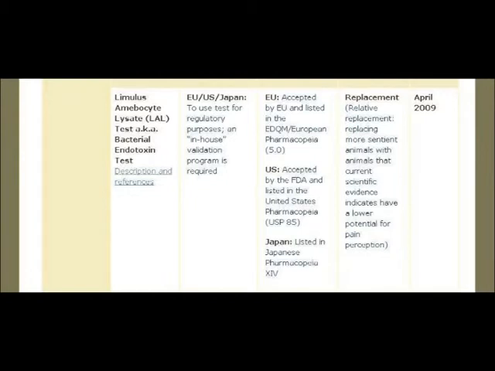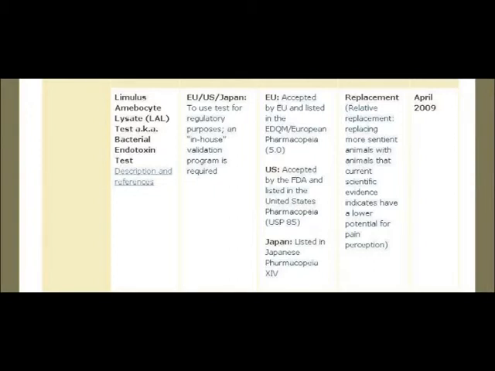Anyway, in the replacement column it says relative replacement, replacing more sentient animals with animals that current scientific evidence indicates have a lower potential for pain perception. So it's basically saying the crab has a lower potential for pain perception than the rabbit, and therefore it is a better replacement test.